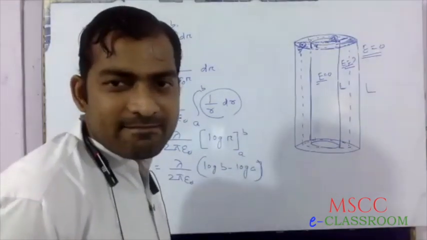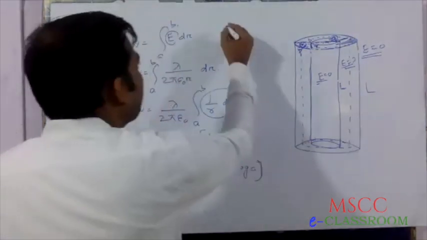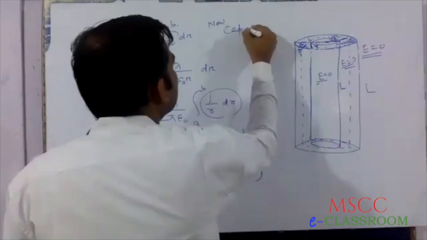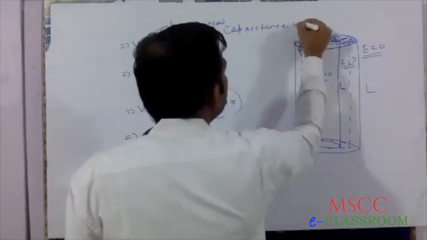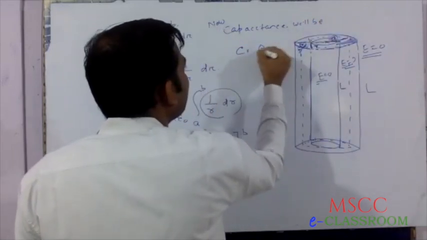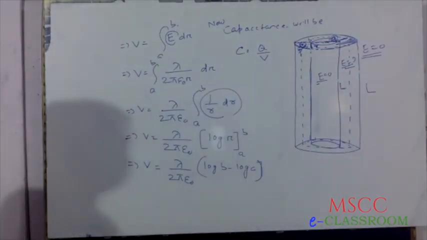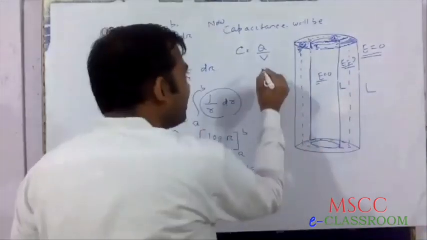Finally, capacitance. Now the final step. Capacitance will be C equals Q by V. Q remains the same.